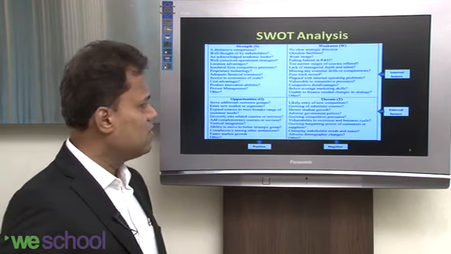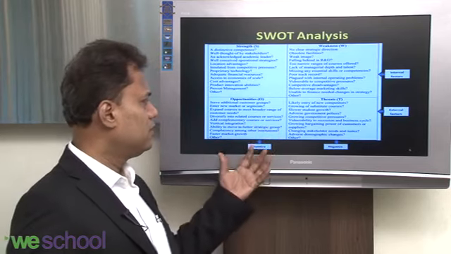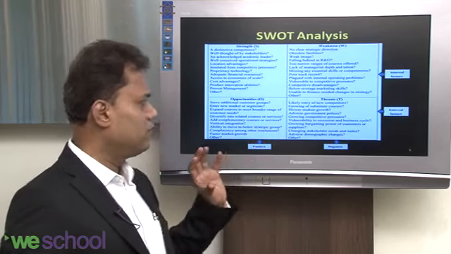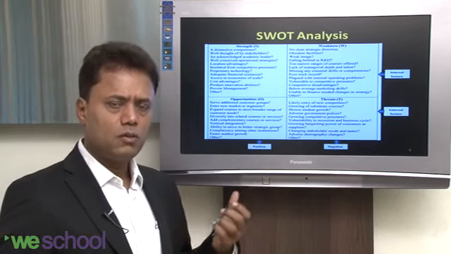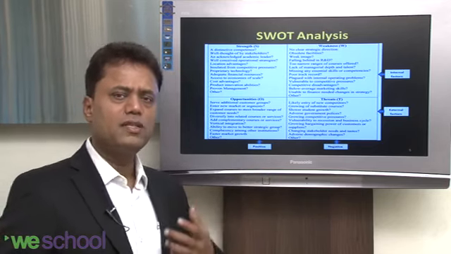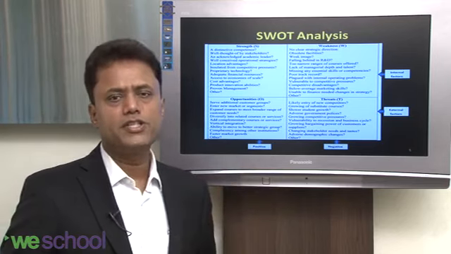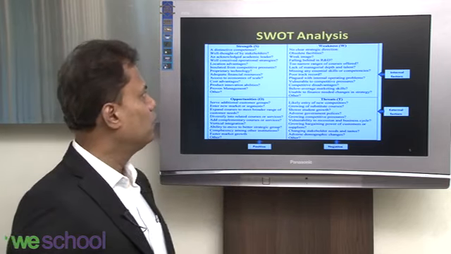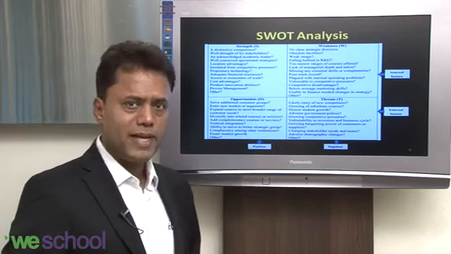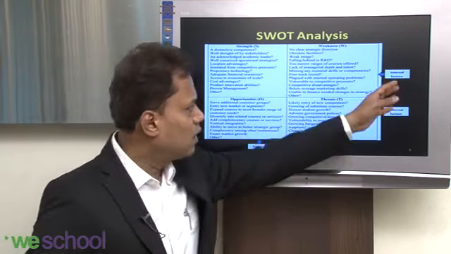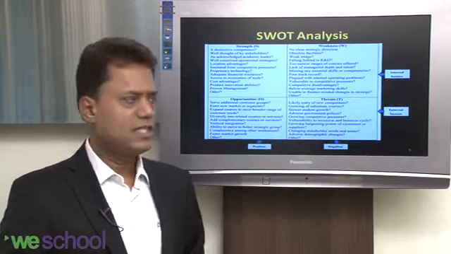SWOT analysis, here is the typical tool, a generic tool which I have put over here. So you have a view of what a SWOT analysis is, and what attributes and characteristics of an organization are covered in this particular tool. The first two attributes, strengths and weaknesses, are related to the internal factors of an organization.